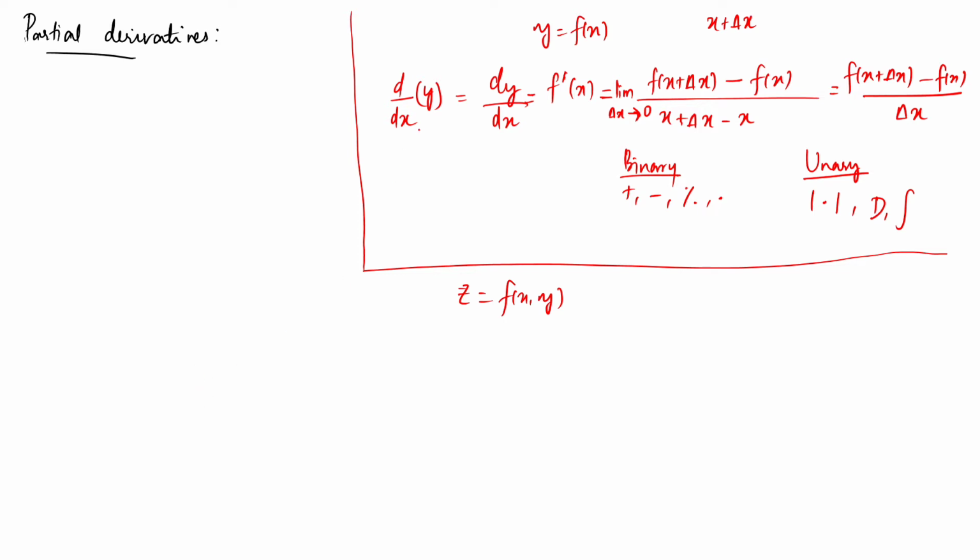If you have to write the mathematical definition, that is quite easy. If it is a normal derivative, we write it as d upon dx. That is the change happening in the function y with respect to the change in x. Here, the change happening in z with respect to the change in x.